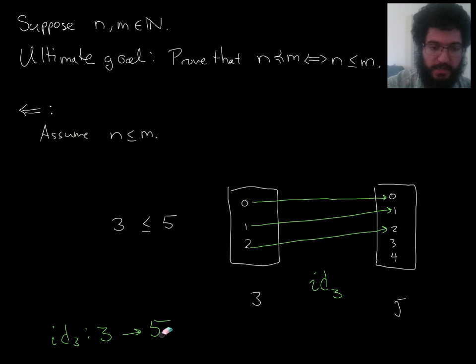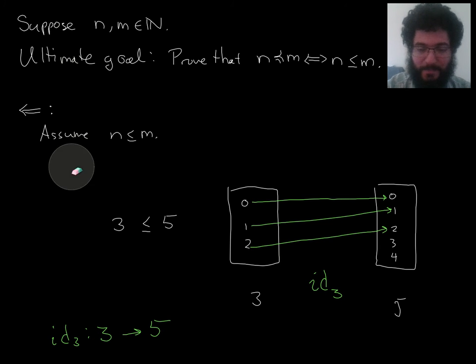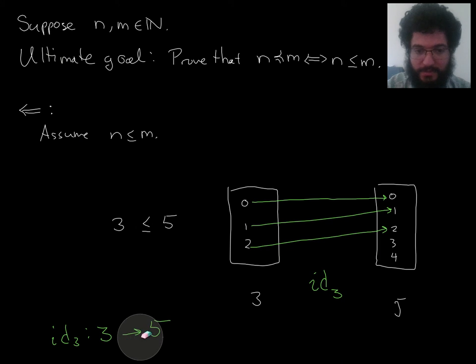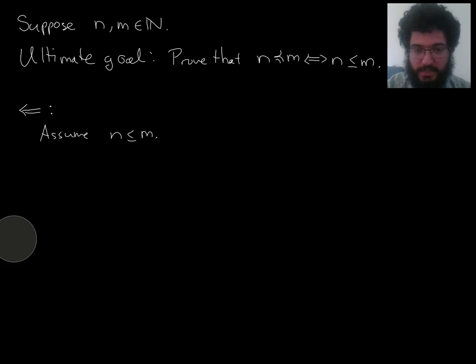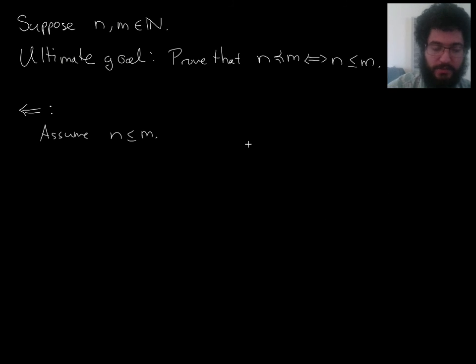Now, when you change the codomain, you're sort of adjusting the context of the discussion a little bit. So you could be changing whether or not you consider the function to be surjective, but you don't affect whether or not the function is injective. So we should be able to use the identity function no problem here. And this was just an example, but it will work in general.